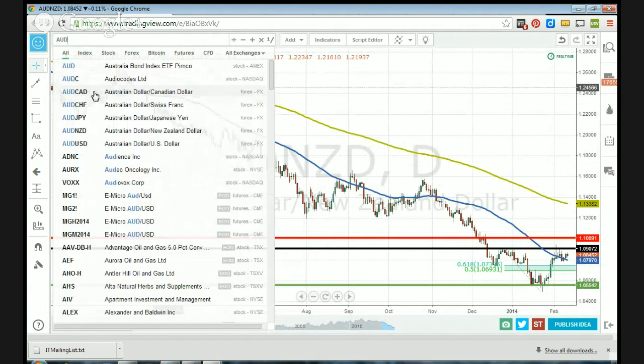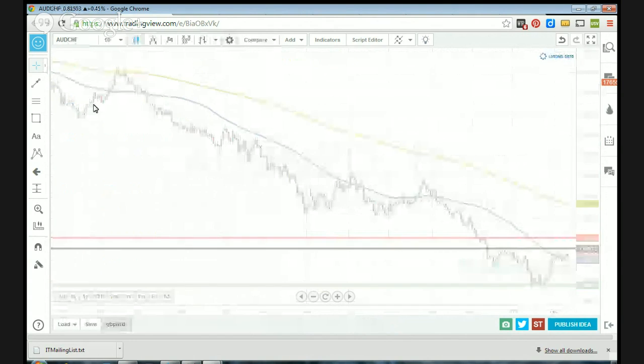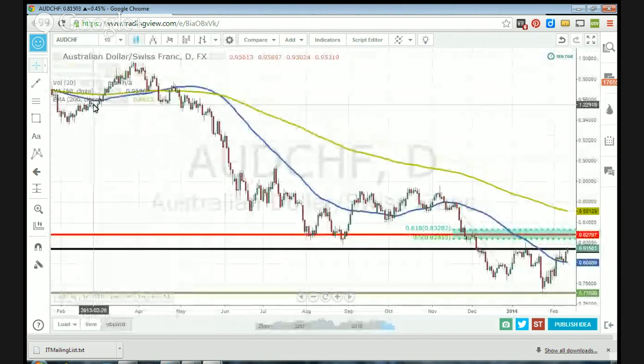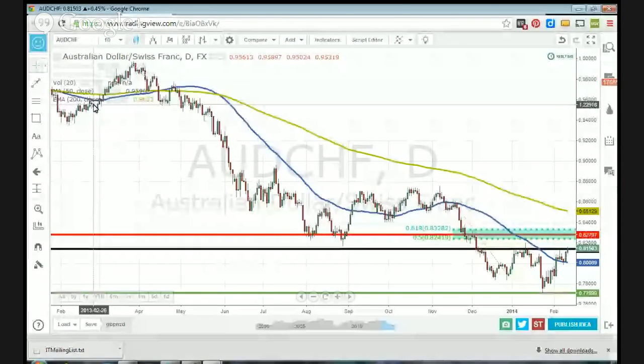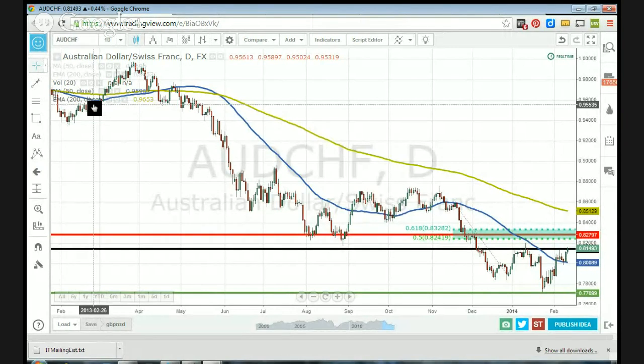Okay, Aussie Swiss. This could be a level to short at, right?